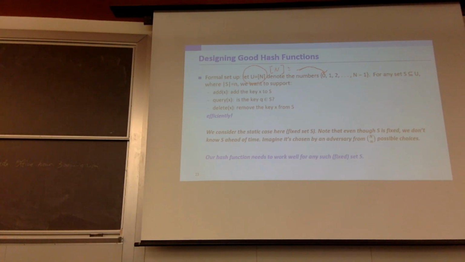There are n possible distinct values in this set, and this is called a universe. A hash function h is a function from U to some space of n. A hash function will map any element in this universe to a number from 0 to n minus 1.